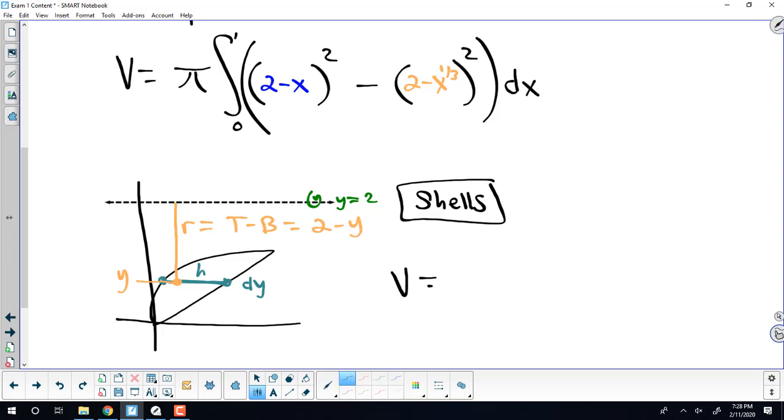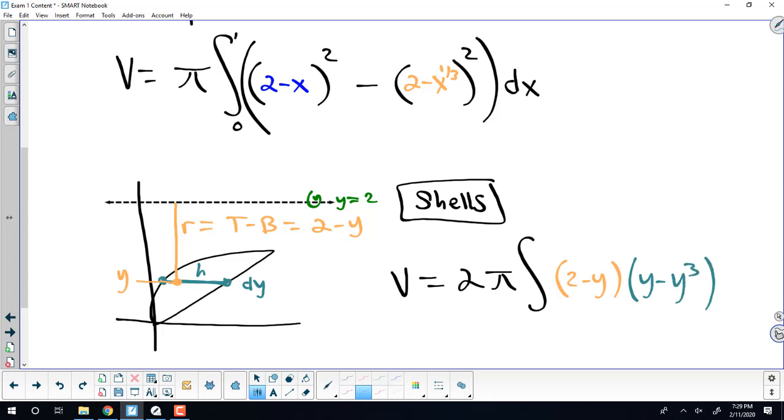Okay, so we have 2 pi times r times h. That's the only difference, the radius.